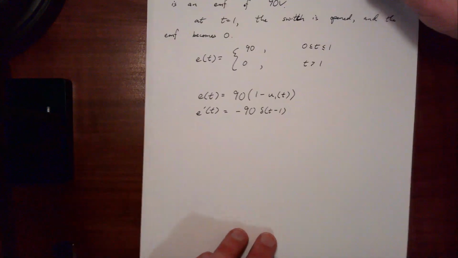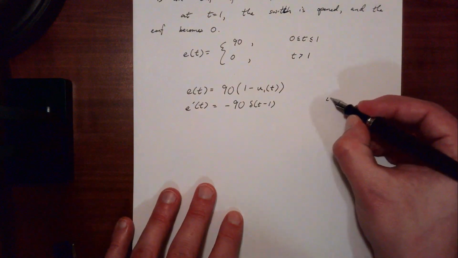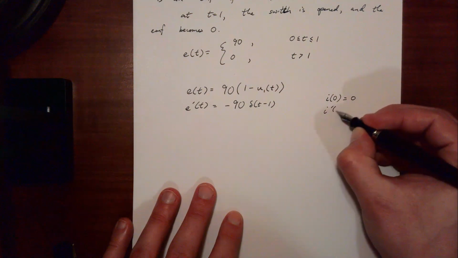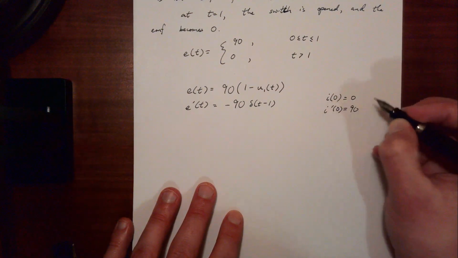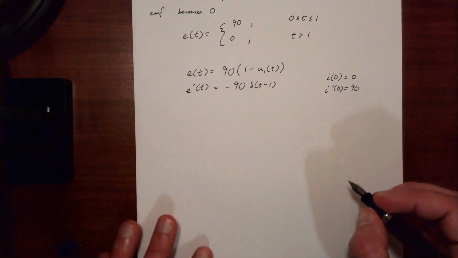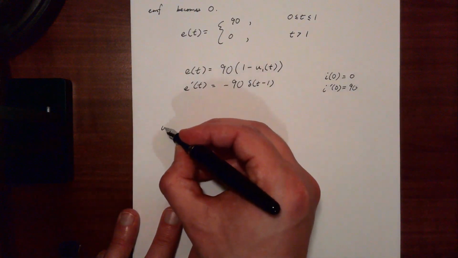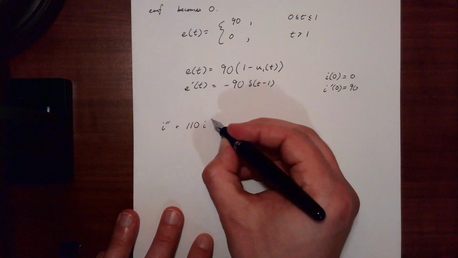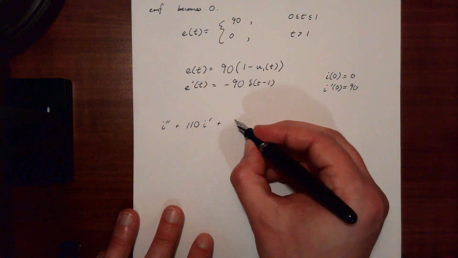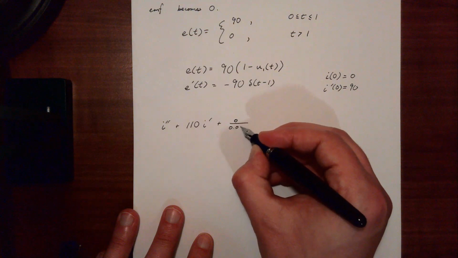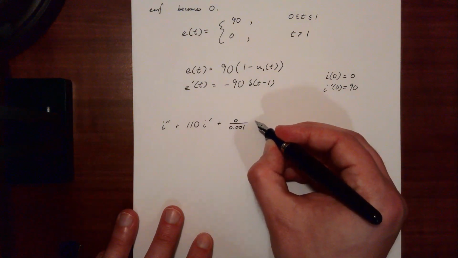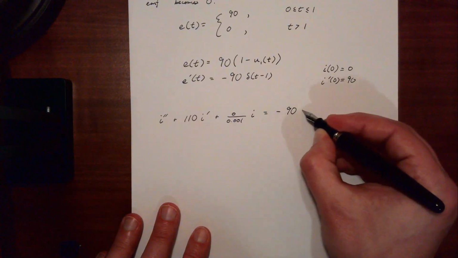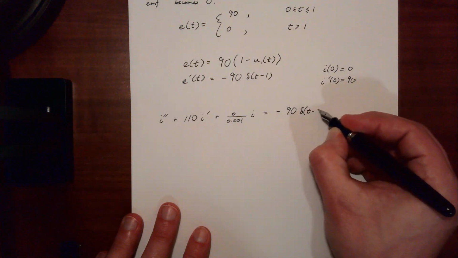And also a reminder, so initial conditions here were I of 0 equals 0, I prime of 0 we found was 90. Okay, well then, what's that going to mean? That means I double prime plus 110 I prime plus 1 divided by 0.001 times I is equal to negative 90 delta of t minus 1.